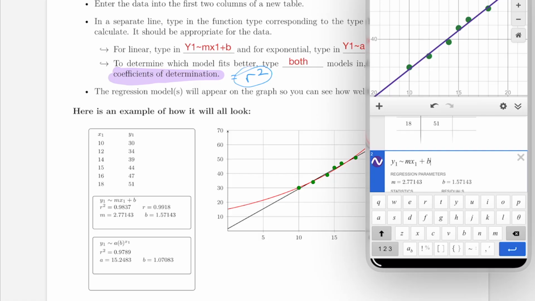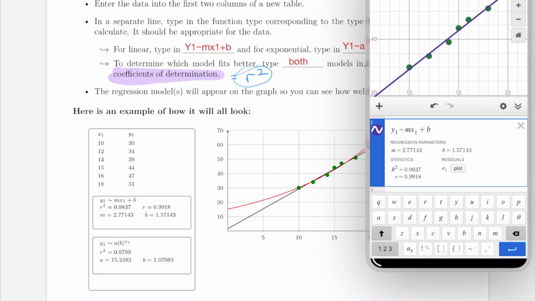The next thing that you'll see now is we have all of the same data here as what I have on your paper already. So you can see our r squared is 0.9837. We have the m, we have the b, and we have the r. If I was going to write this as an actual regression equation, remember, it's y equals mx plus b, so we identify the fact that our m is 2.77 and our b is 1.57.